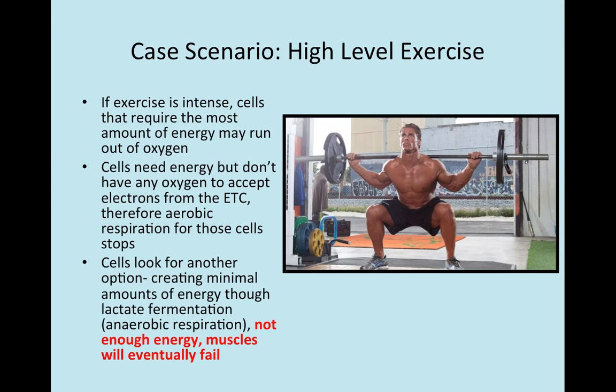Right? Now, once you start picking up high levels of exercise, some of your cells are going to start switching. And some of your cells are going to simply be running out of oxygen. Not every cell in your body, but those specific cells that run out of oxygen. So say in this picture right here, this guy's doing some squats, so right around his legs, his leg cells and muscle cells are going to be running out of oxygen.